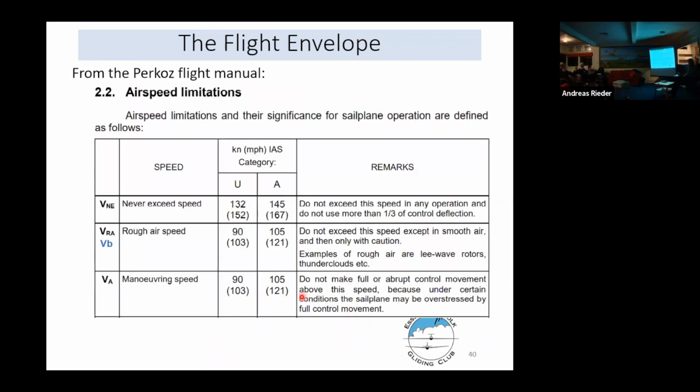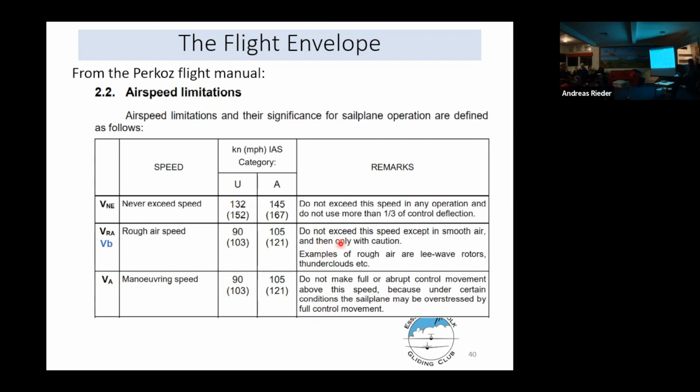Also from the PERCOS flight manual, the airspeed limitations: VNE is 132, as we've just seen marked on the ASI, VA 90, 105, and the rough airspeed they give exactly the same as VA. So VB, called it VB on the previous graph, although the PERCOS flight manual calls it VRA. VB in this case is the same as VA.